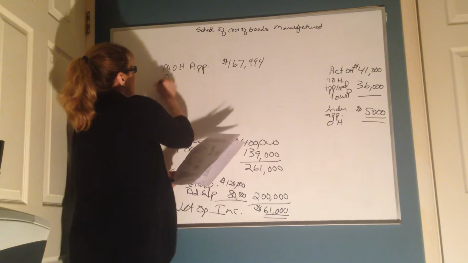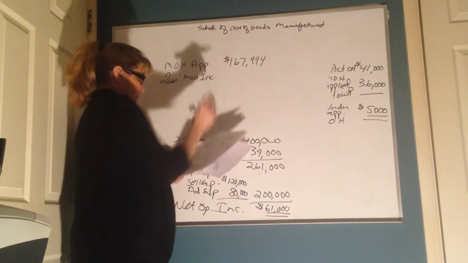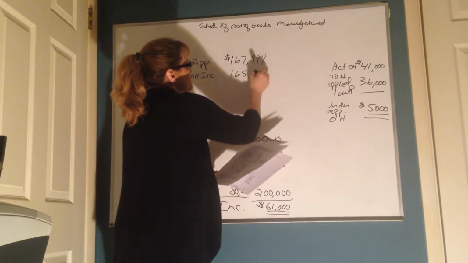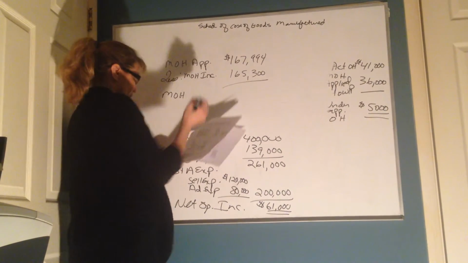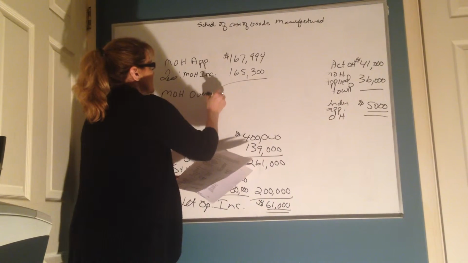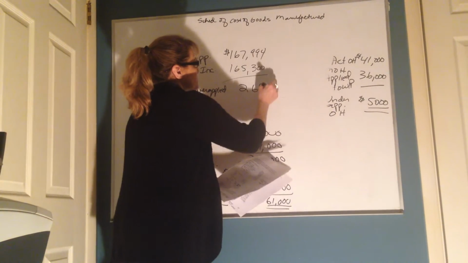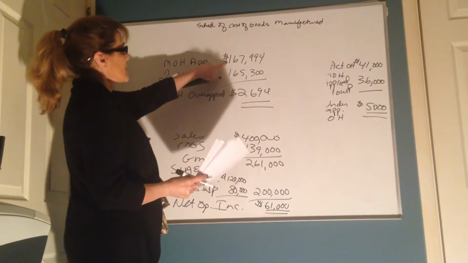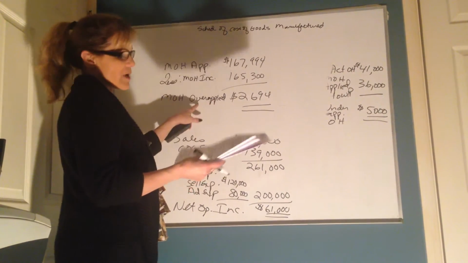Our actual overhead incurred was $165,300, and that gives us manufacturing overhead over applied of $2,694. And we know that because the amount we applied is greater than the actual amount we incurred. So that's why it was over applied.